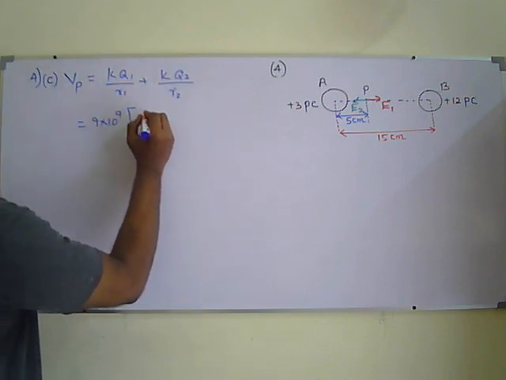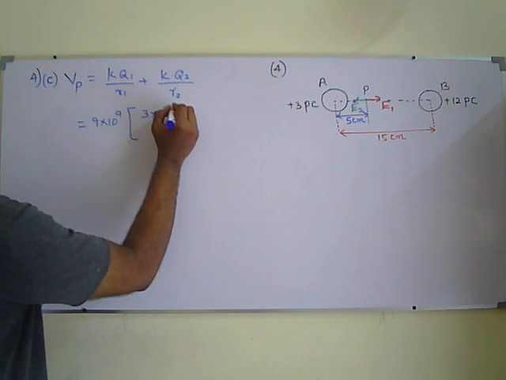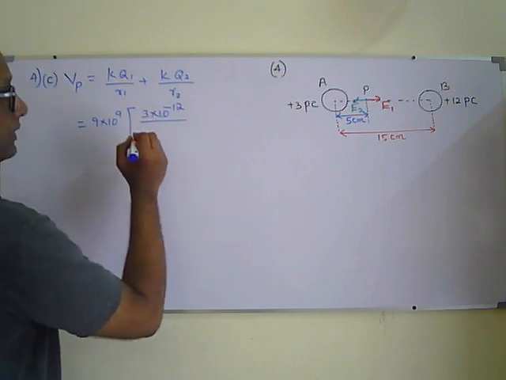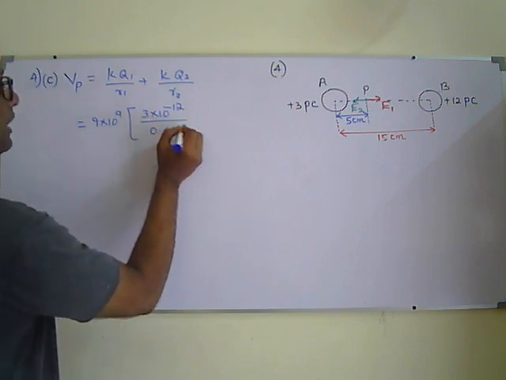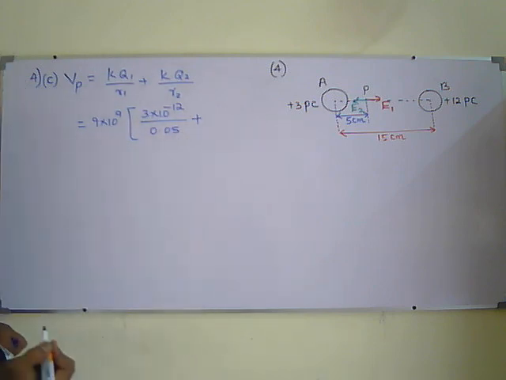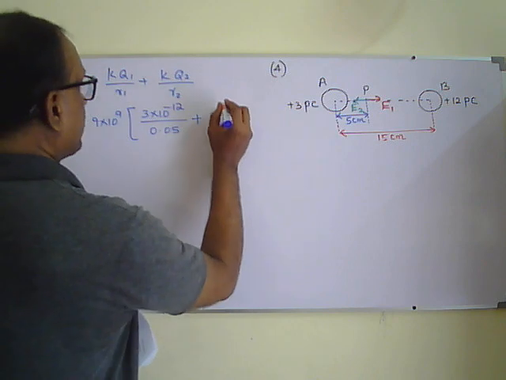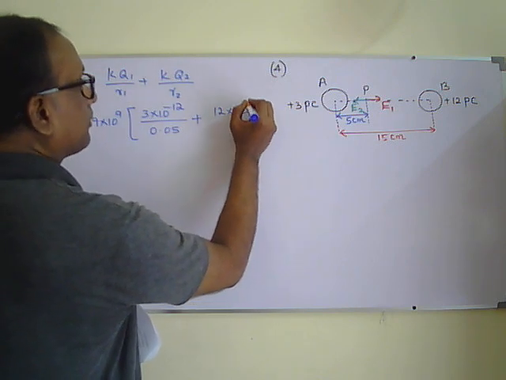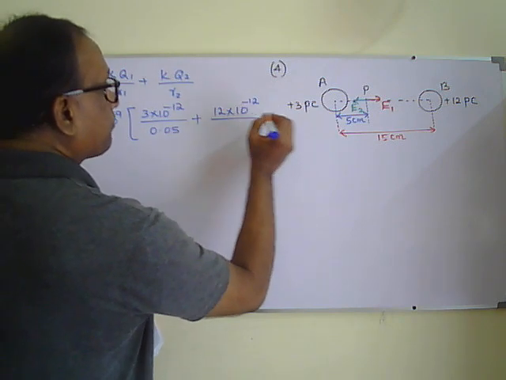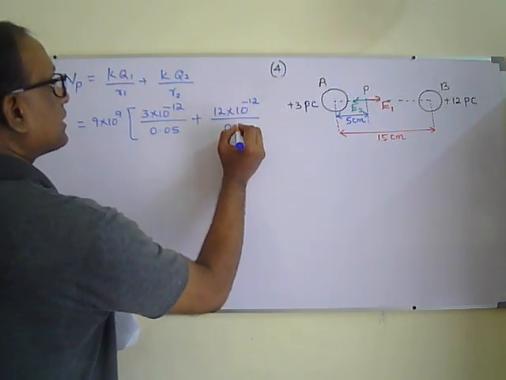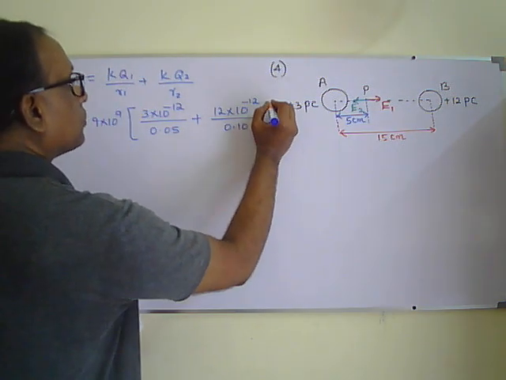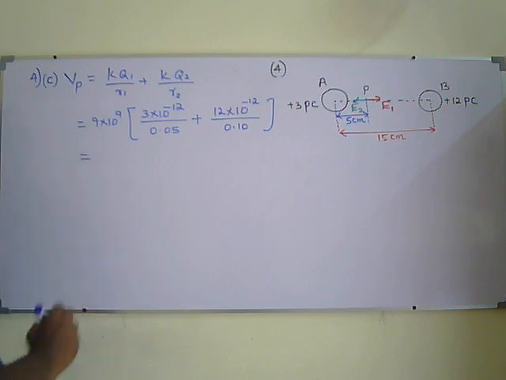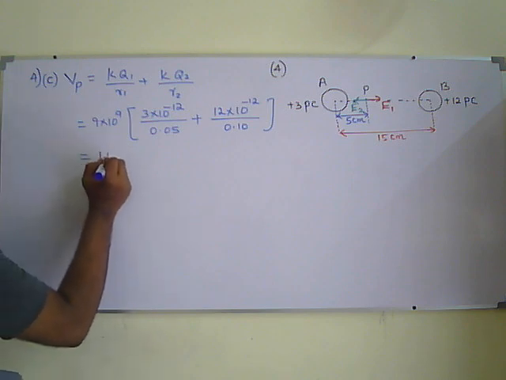Q1 is 3 into 10 to the power minus 12, R1 is 0.05, plus. It is a scalar quantity, so no direction, just add it. Q2 is 12 into 10 to the power minus 12 over 0.10, since that distance is 10 centimeters. Solve it. You will get the answer in volt. So the answer will be equal to 1.62 volt.